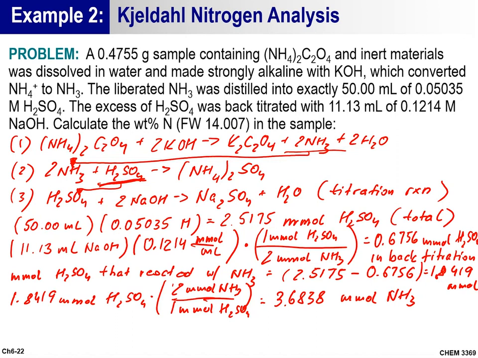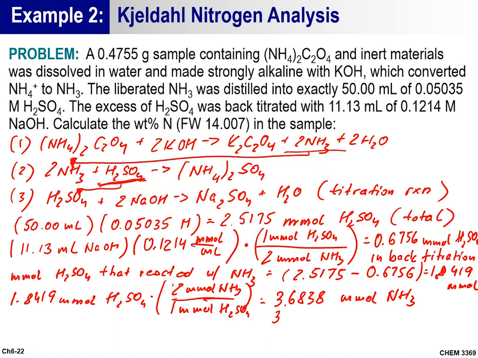Now, 1 millimole of NH3 has 1 millimole of nitrogen, right? That's just from the formula. There's 1 mole of nitrogen atoms in 1 mole of NH3 molecules, okay?